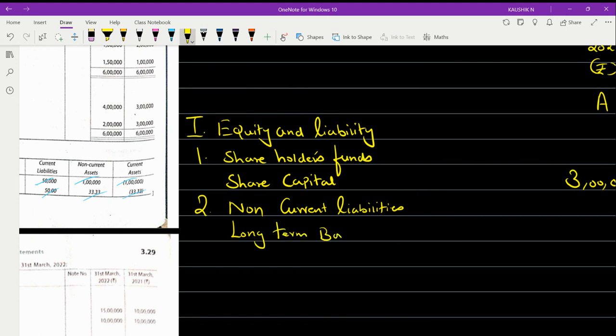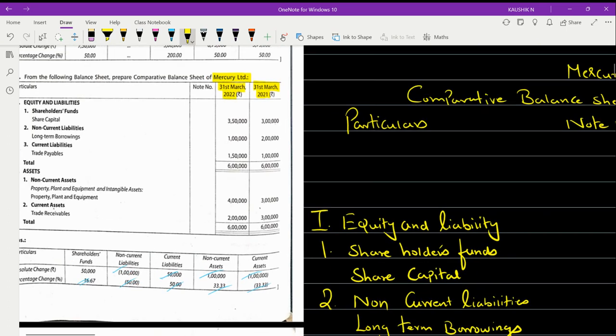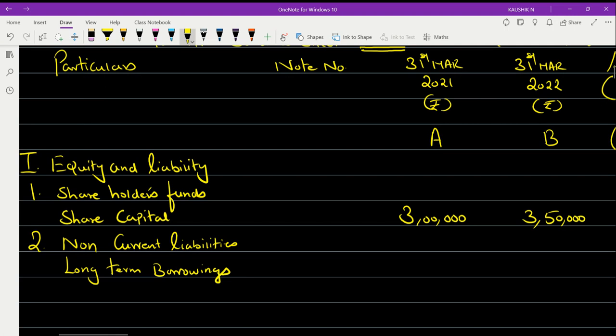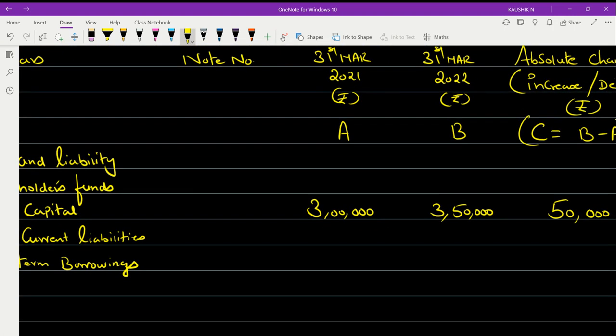Long-term borrowings. Okay, what is the value? For the year 2021, it is 2 lakhs, and for the year 2022, it is 1 lakh. So 2 lakhs, and here it is 1 lakh.